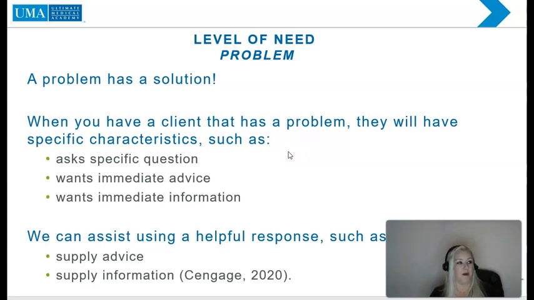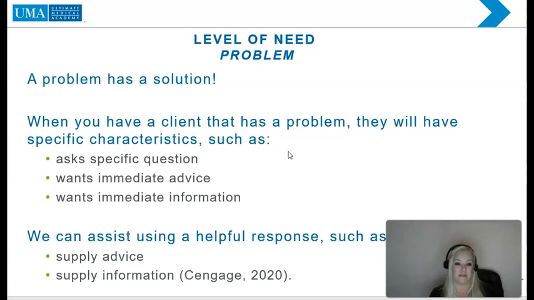And we think about problems in our life, not even really medical related, and every problem typically has a solution, right? And it might take us a little bit to get there, but it has a solution. When you have a client that has a problem, they will have specific characteristics. If our patient has a problem, these are going to be the things we're going to look for.